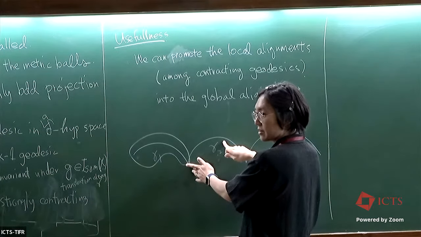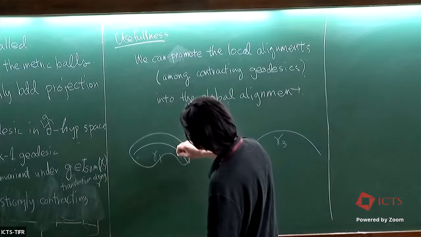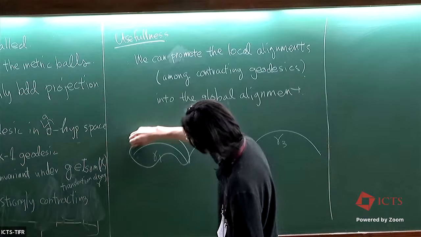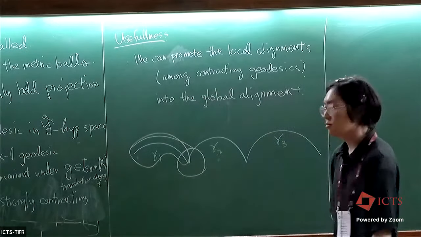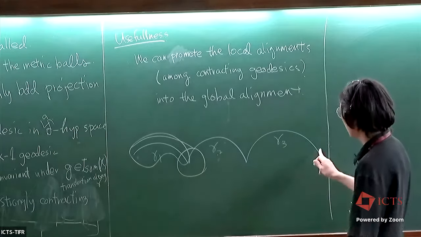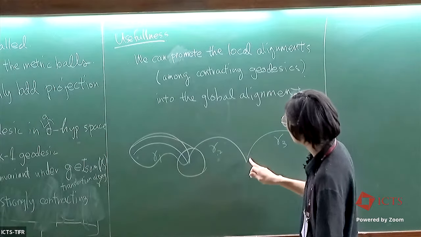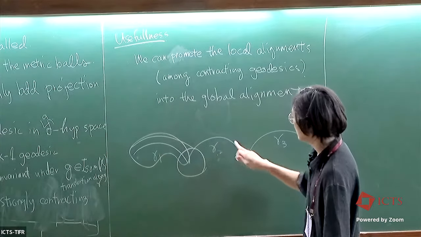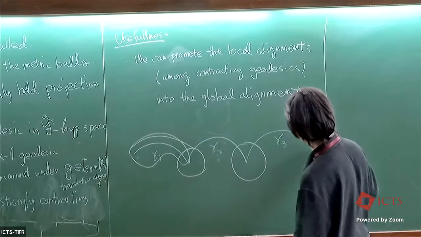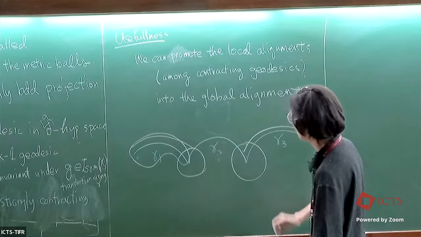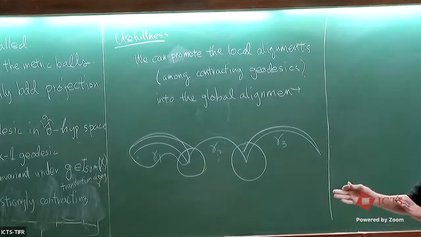But I will prevent that from happening. So my requirement is that gamma 1 projects onto somewhere nearby the beginning point of gamma 2. And gamma 3 is also not canceling out. It's not going against gamma 2, but peacefully projects onto gamma 2 near the ending point.